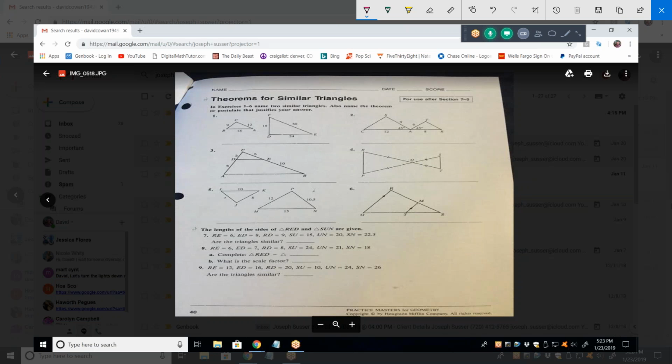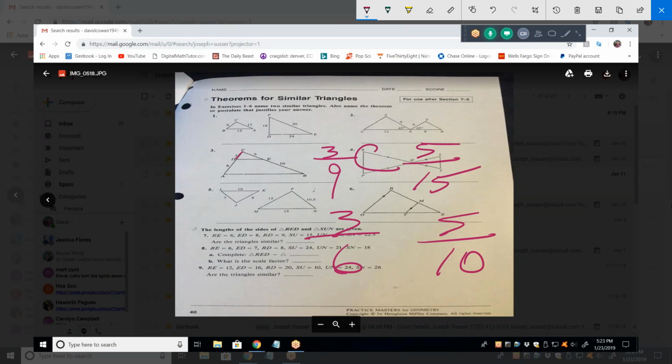In other words, this side here, it's 3 is to 9. The angle is angle C, that's the same. And the other one is 5 is to 15. Or you could even say 3 is to 6 and 5 is to 10. It doesn't really matter. You get the same answer. So you can either go that relative to that, or you can go that relative to the whole line.